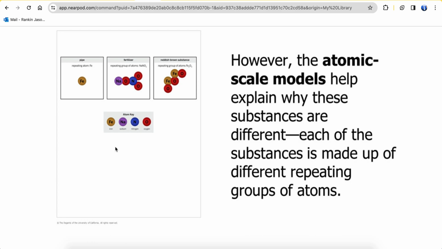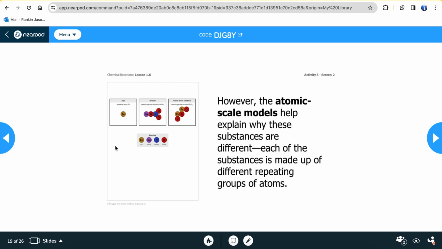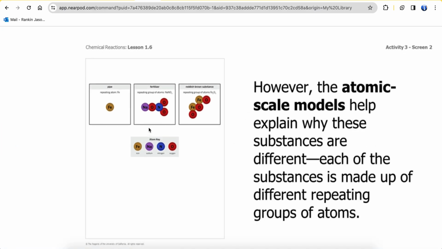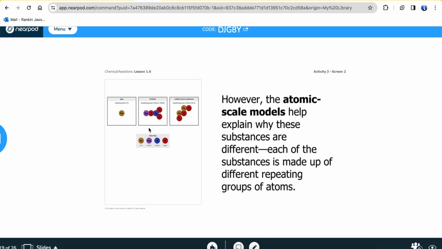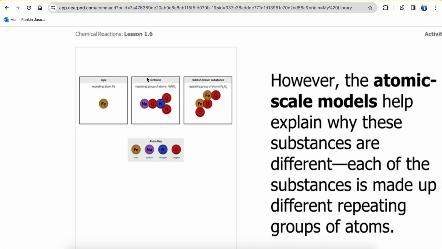However, the atomic scale models help explain why these substances are different. Each of the substances is made up of different repeating groups of atoms. All right, so we have iron as Fe, fertilizer is your repeating group NaNO3, and then your reddish brown Fe2O3.